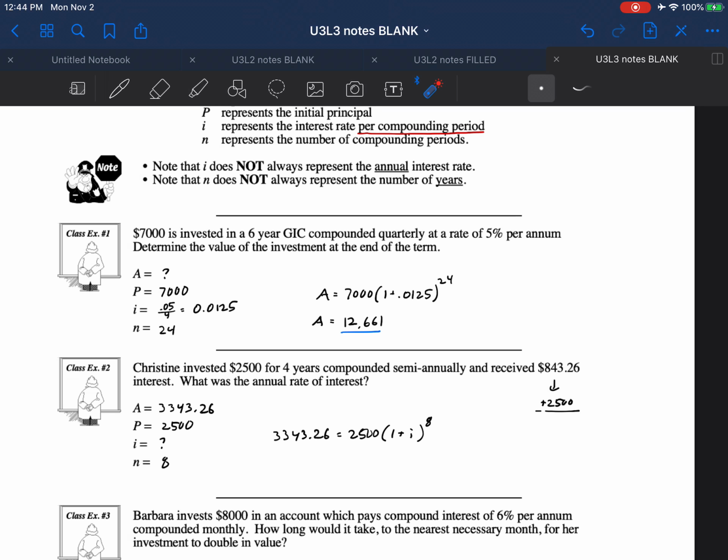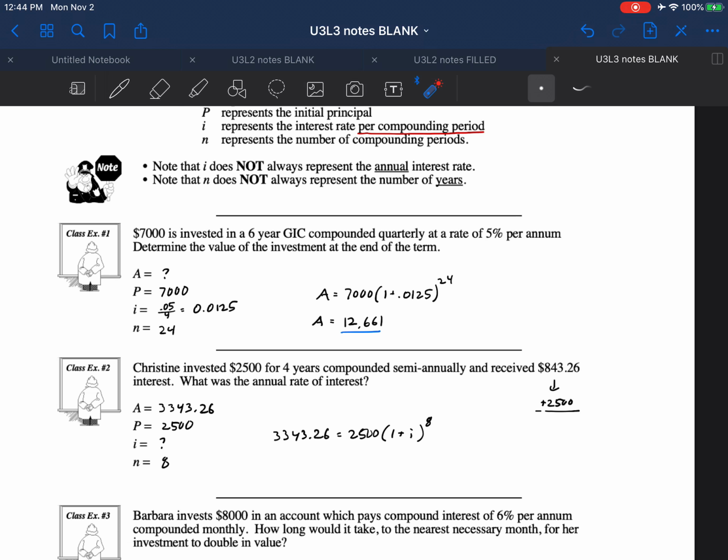So I want 3343.26 equal to 2,500 times 1 plus, now instead of I I'm going to put x in, raised to the 8th power.